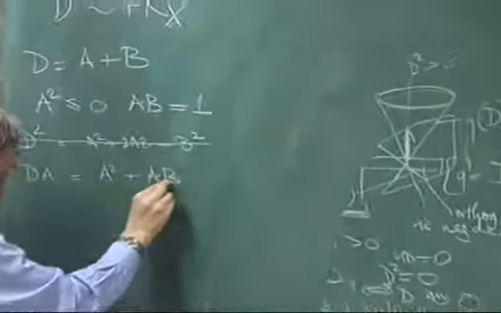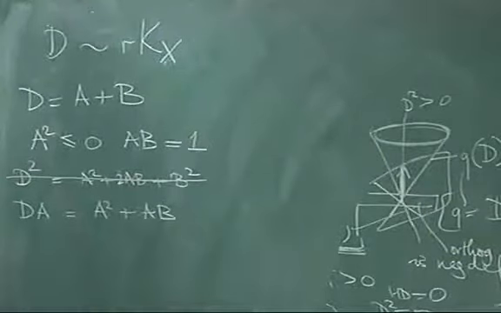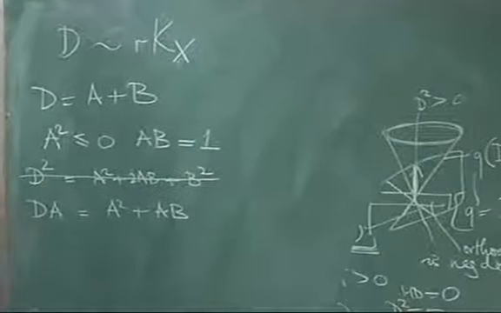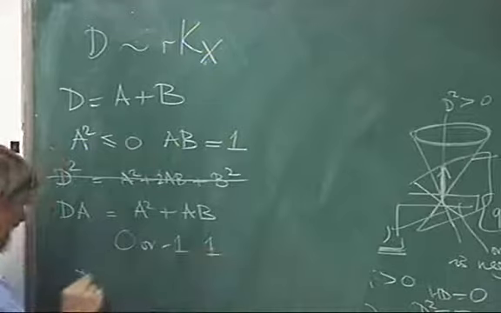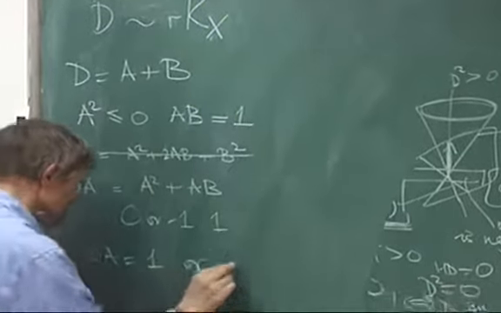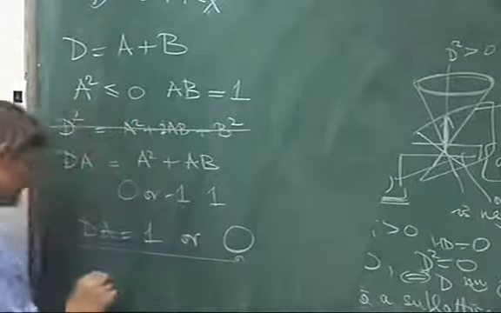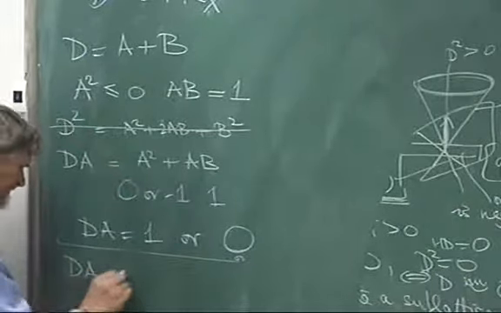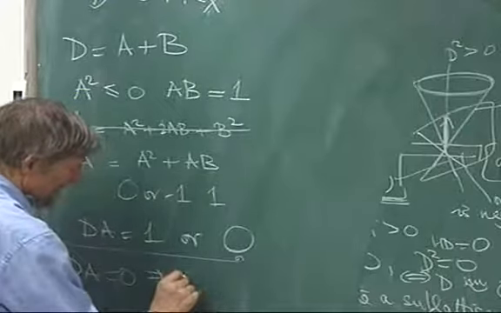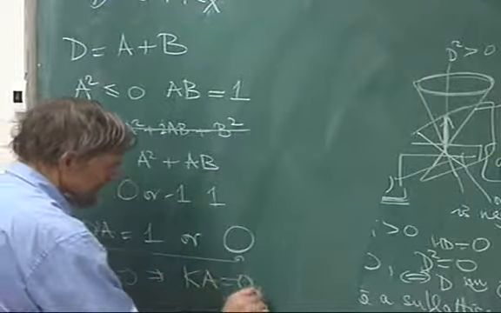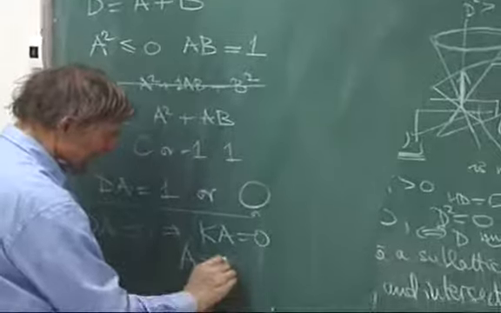Why did you say that a squared is 0 or minus 1? You said before that a squared is 0 or minus 1. Yeah. And so therefore dA is equal to 1 or 0. So dA equals 0. This implies that k times a is 0, and that means that a is a sum of minus 2 curves.